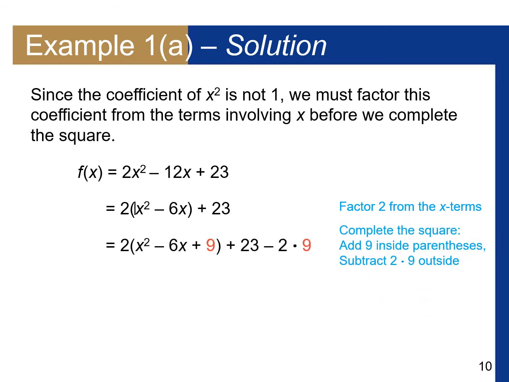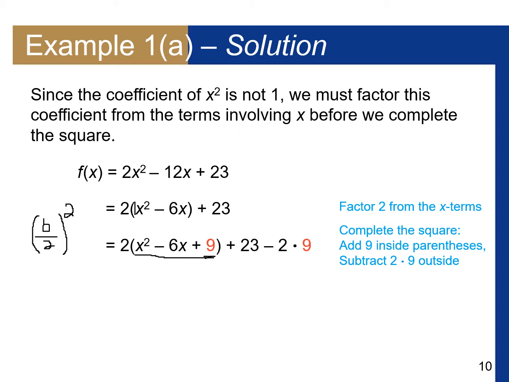Now I'm going to take this middle 6. I'm going to divide it by 2. And then I'm going to take the whole thing and square it. And that will tell me what I need to use to complete my square. Once I do that, this completes the parentheses right here to be a binomial square.